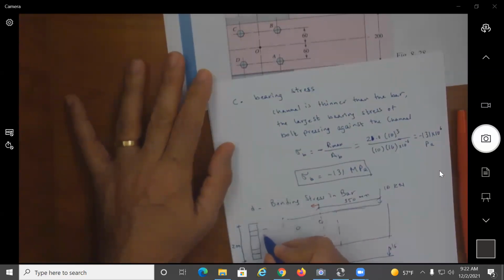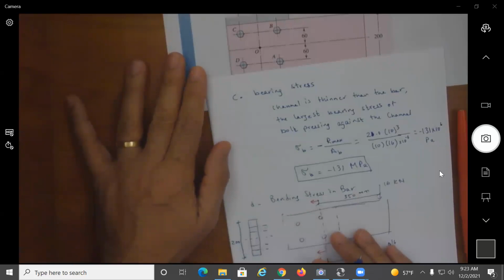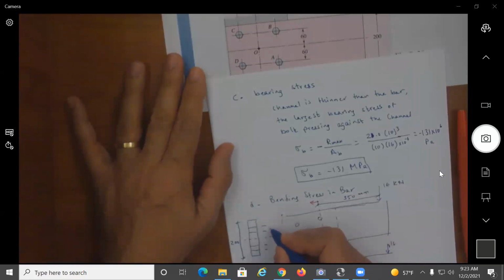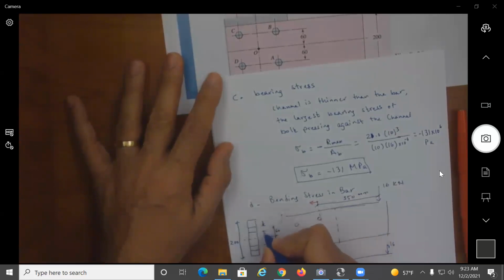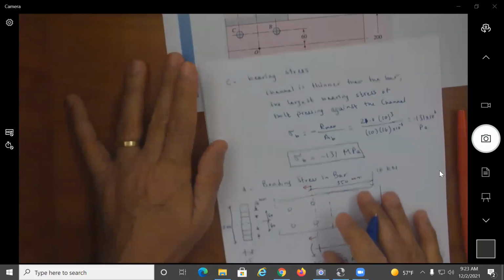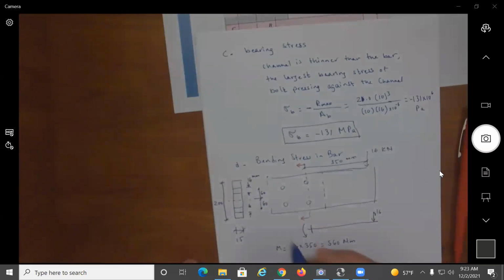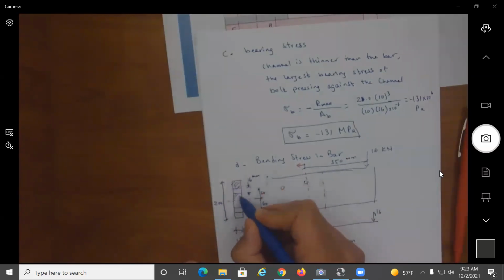And I have these two cuts. If this is the centroid, each of them is 16 millimeter and at a distance 60. Right? So the distance to the centroid of this is 60 millimeter. And each of these cuts is 16 millimeter. So this is my section.